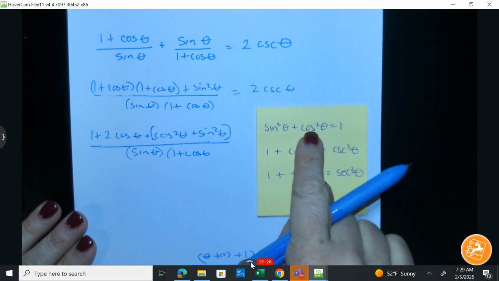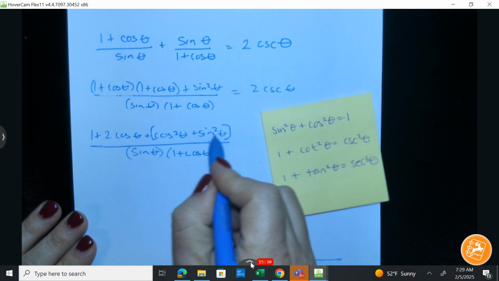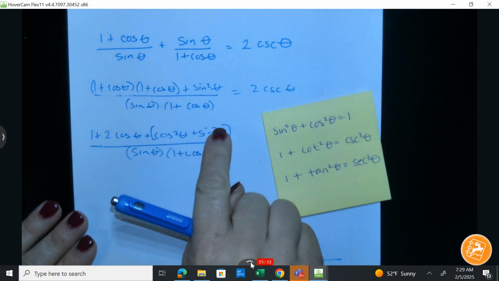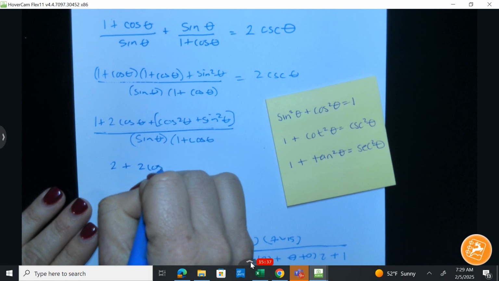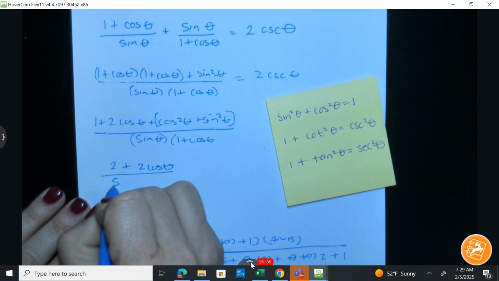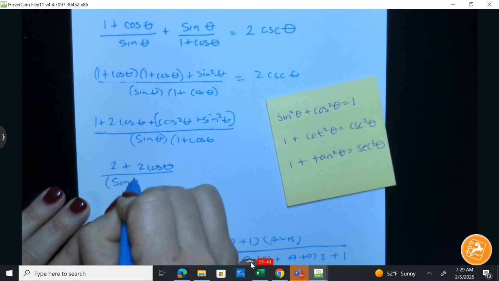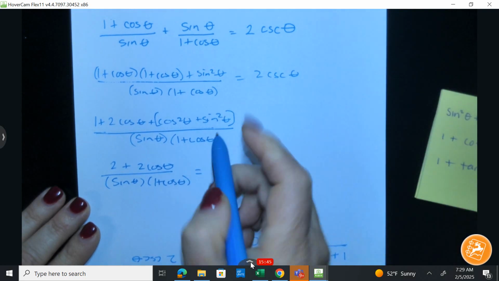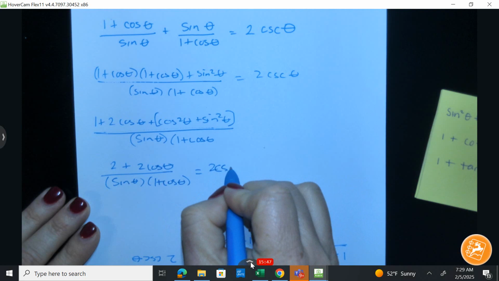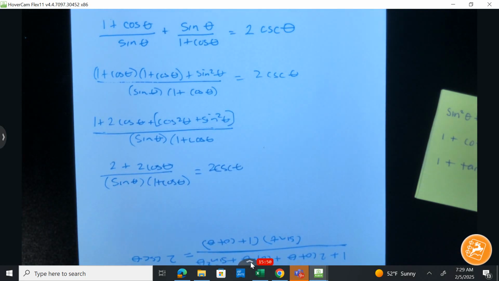I know cosine squared plus sine squared is 1, so I can replace this portion with 1. 1 plus 1 is 2. So I have 2 plus 2 cosine theta all over sine times 1 plus cosine equals 2 secant theta.